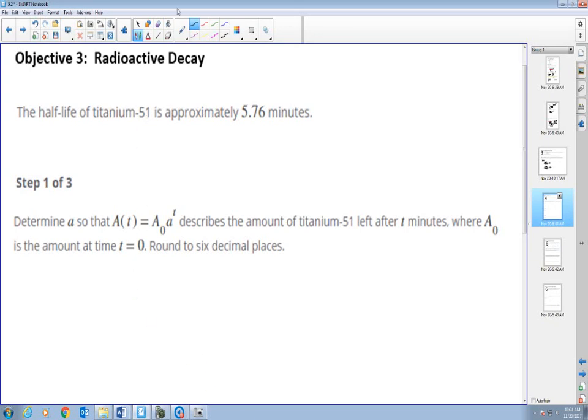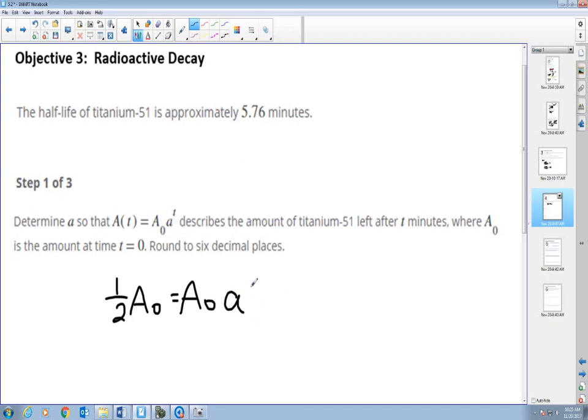So I'm going to look at this and think, okay, the problem says a half-life, so that means in the future, whatever is left, half of its initial amount, will equal the initial amount times my base A, my growth rate or decay rate, to the T power. And what's my T?